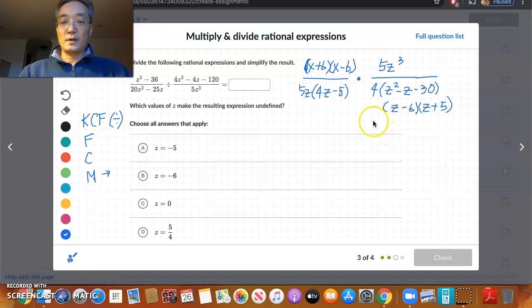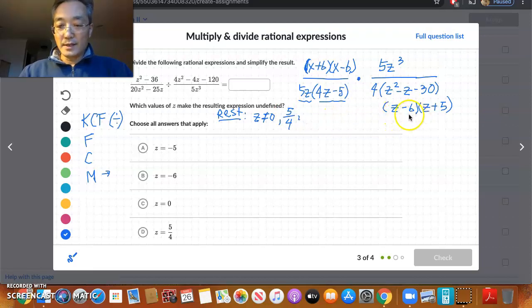Okay, guys? Now, let's look at the restrictions. Now that everything is factored, it should be a little easier. Definitely z can't be 0, because it would make 5z equal to 0. Here, if we set this equal to 0, z cannot be 5/4.